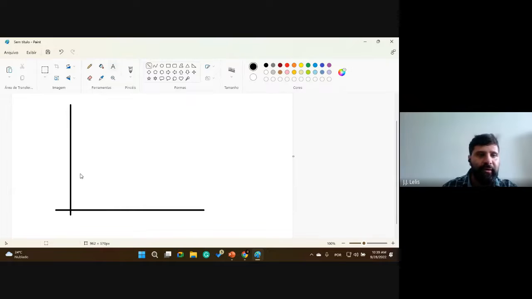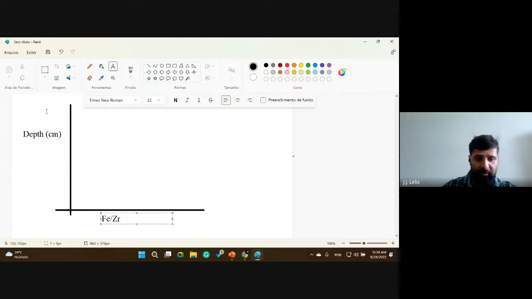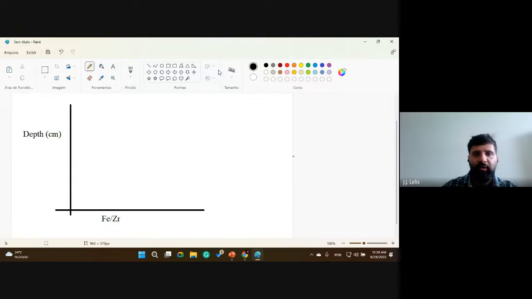And here we have the depth, 8 centimeters. And here we have the iron and zirconium content.